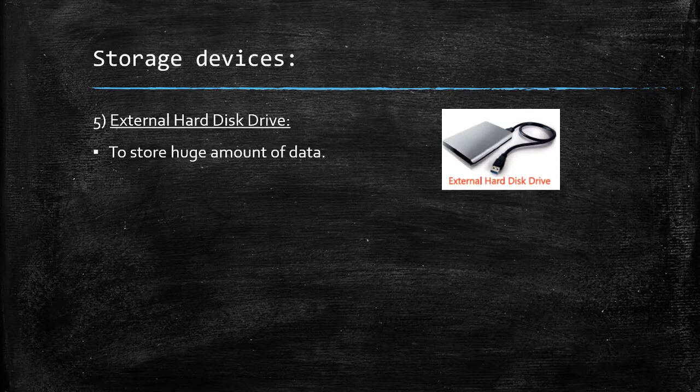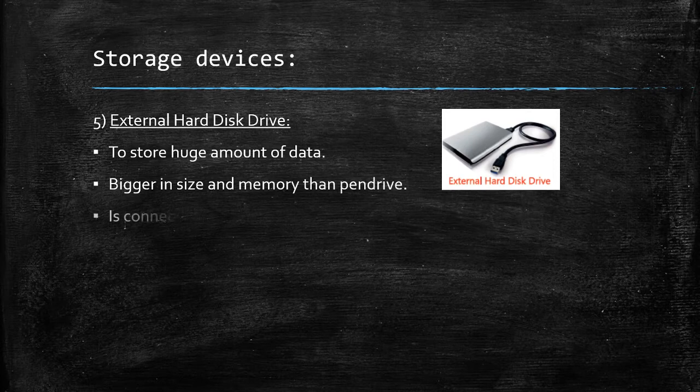In such conditions, we have to store all our data in our external hard disk drives. This is bigger in size and memory than a pen drive, and it is also connected to the USB port.